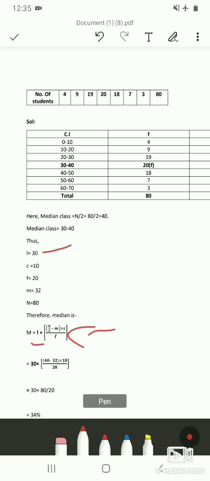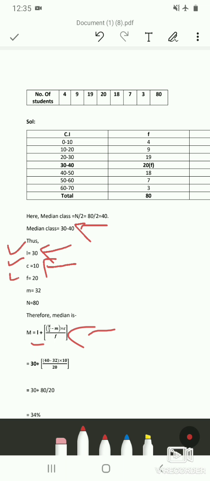Therefore your L value is 30. And next, C is the width of the median class. So we know that calculating width is upper limit minus lower limit, that is 40 minus 30 is 10. So you got C and L values.